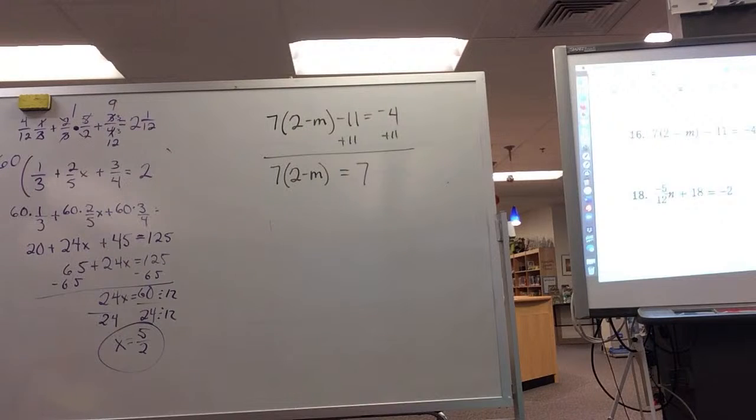So look at that. Oh, is M just 1? Mm-hmm. I don't get how M would be 1. Rylan, explain yourself, and there might be more than one way of looking at it. Explain what your thinking is. 2 minus 1 equals 1, and then 7 times 1 is 7.